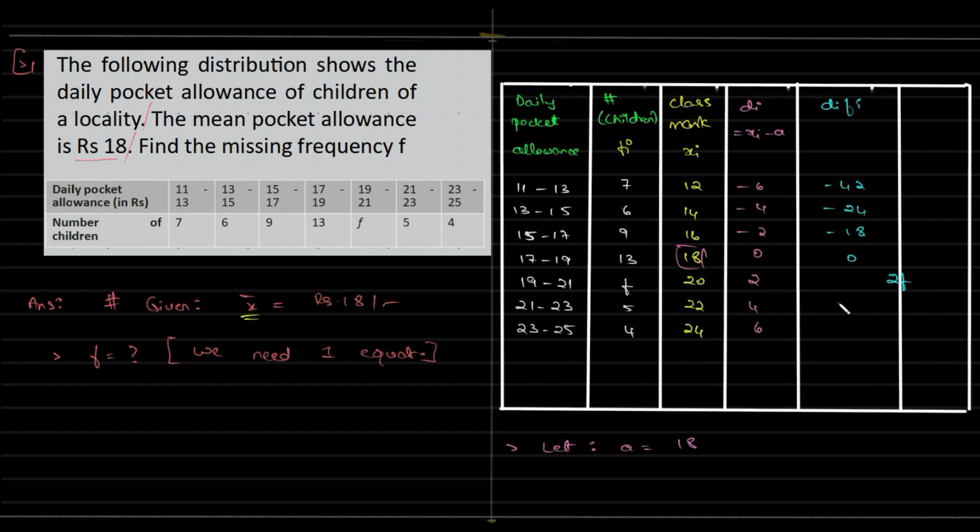5 into 4 is 20, and we have 24. So what do we have to do next? We need to add them. Adding them is quite simple. This and this will get cancelled, plus 24 and minus 24. And the difference between these two is plus 2 and minus 40. What is left out? 2f. Don't forget 2f.